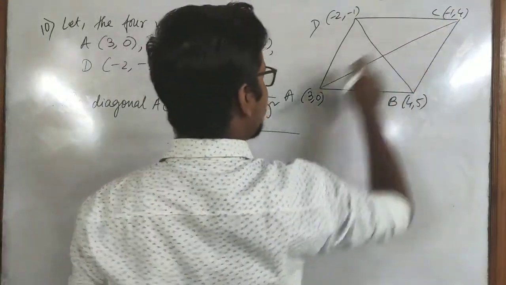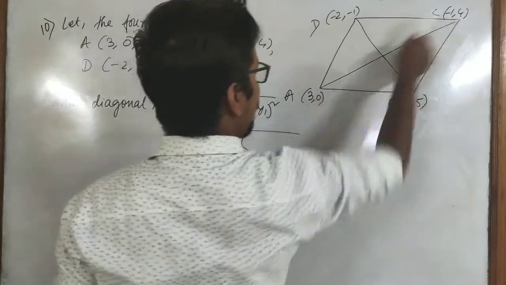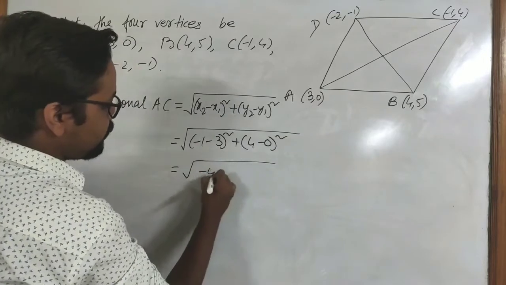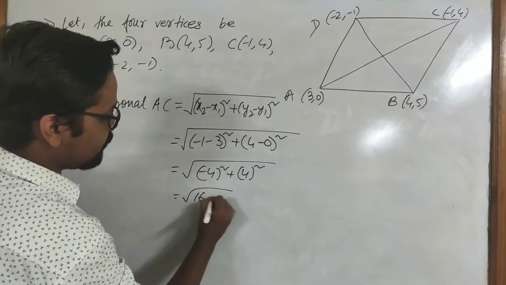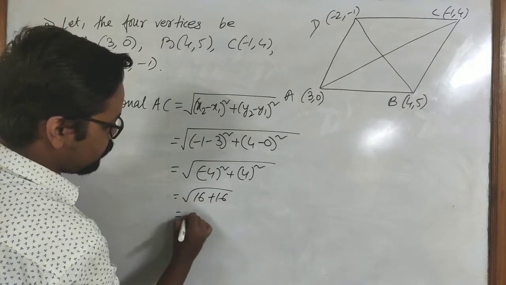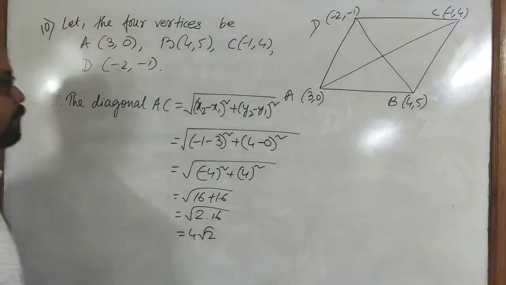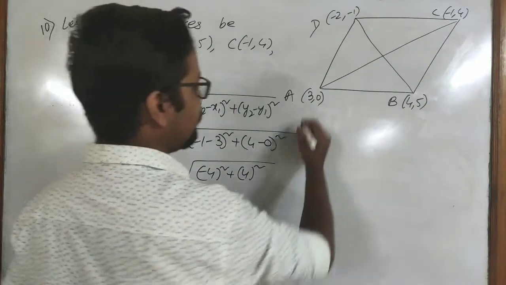So we have (-1 - 3) whole square plus (4 - 0) whole square. So it is (-4) whole square plus 4 square. That is 16 plus 16, which is 32, or you can write 2 into 16, which is 4√2. So the diagonal AC is 4√2. Let's find diagonal BD.